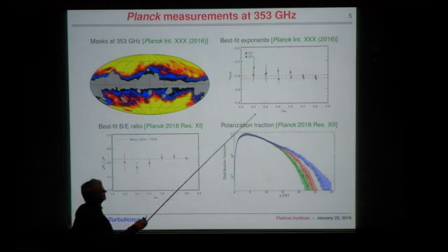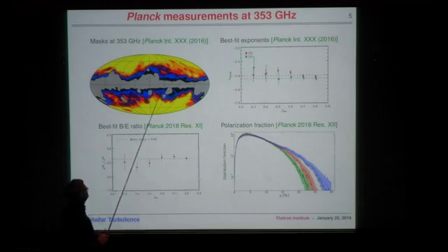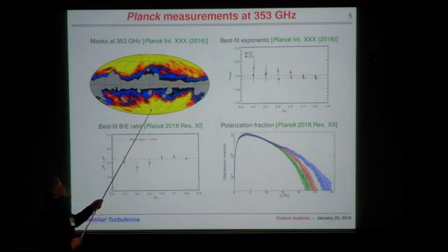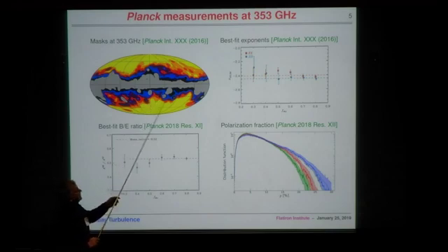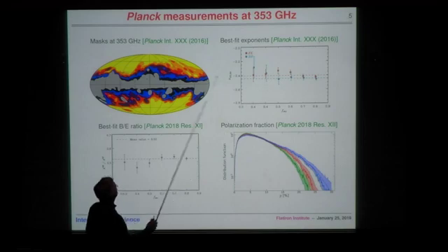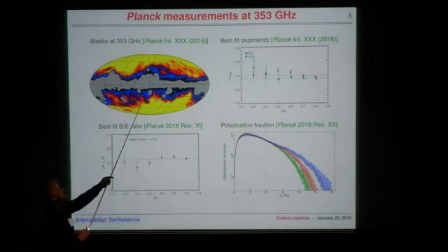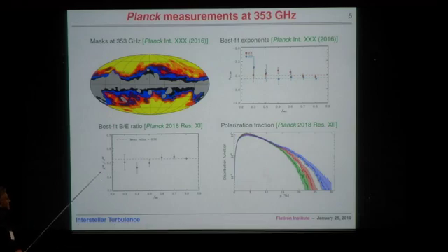Okay, so now you can. So this shows the fraction of the sky in different masks. So the smallest fraction is this yellow part, and then other cases combine all the different colors progressively. Okay, so here we are looking at Planck results with respect to B to E ratio.